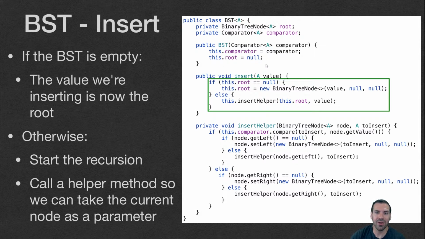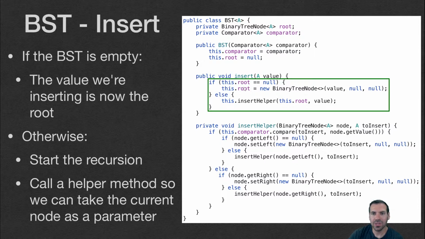It's going to be null the first time insert is called, 100% of the time. So we better have a null check before we start using the dot operator on this thing. Right here would be the first one. This would be our null pointer exception if we didn't have this null check. So before we can use the dot operator on this node, we sure better check if it's null.